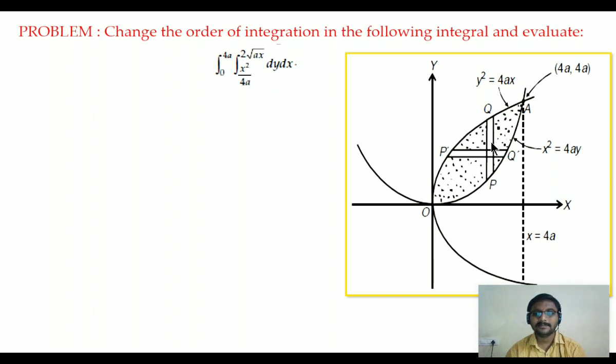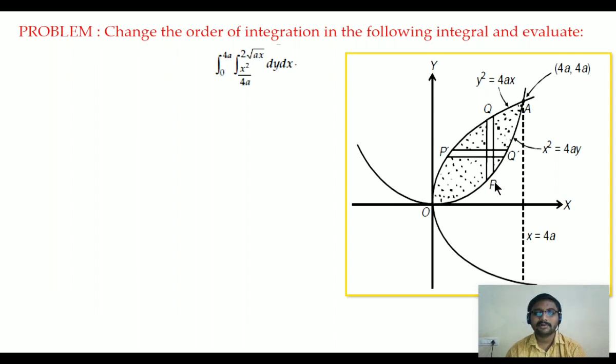The old strip PQ lies in this closed region, that is the dotted region. It is the old strip because here y varies from x square by 4a to 2 root ax, that is, from the parabola x square equal to 4ay to the parabola y square equal to 4ax.